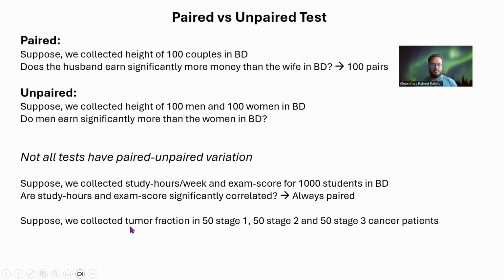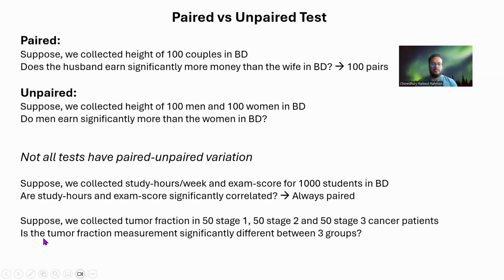Another thing we can think of is we collected tumor fraction data in 50 stage 1 patients, in 50 stage 2 patients, and in 50 stage 3 cancer patients. The question is, is the tumor fraction measurement significantly different between three groups? So the tumor fraction measured in stage 1, is it different from stage 2 and stage 3?